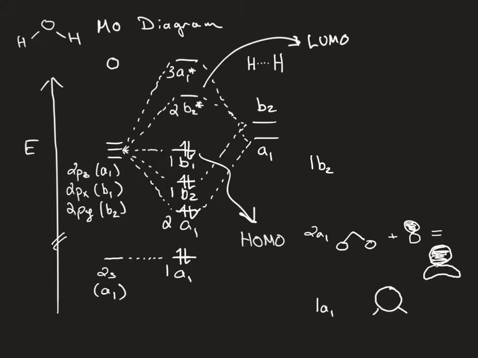The 1B2 is going to be the out-of-phase SALC combination plus the 2py, and when you overlap these, it's going to look something like this. Because we have this in-phase lobe overlapping with this in-phase, this out-of-phase overlapping with this out-of-phase.